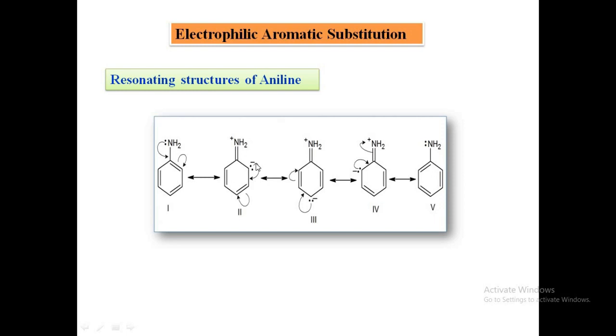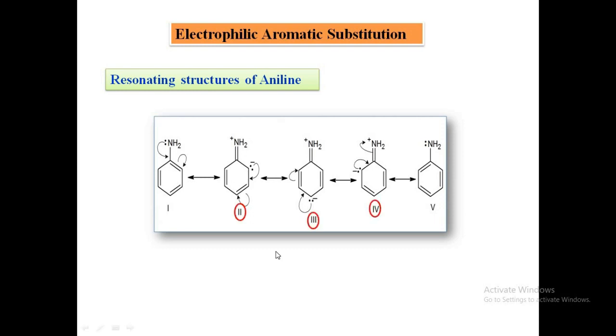The subsequent delocalization of pi electrons results in the second, third and fourth structures. In the last structure, the carbon-nitrogen double bond is reduced to a single bond with a lone pair of electrons on the nitrogen atom.